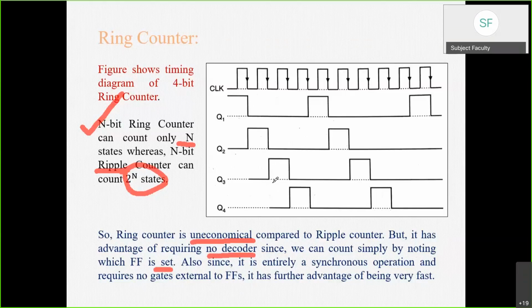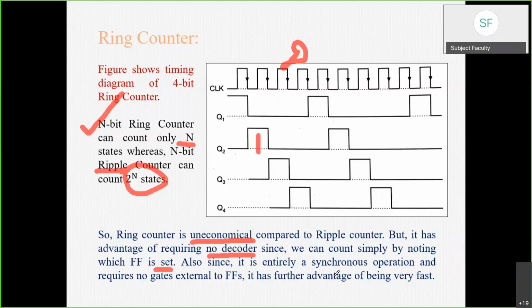You will simply observe which flip-flop is set to 1, and that will be your count. But in the asynchronous case, a decoder was needed because your count was the binary equivalent. This is the first advantage of ring counter over ripple counter.